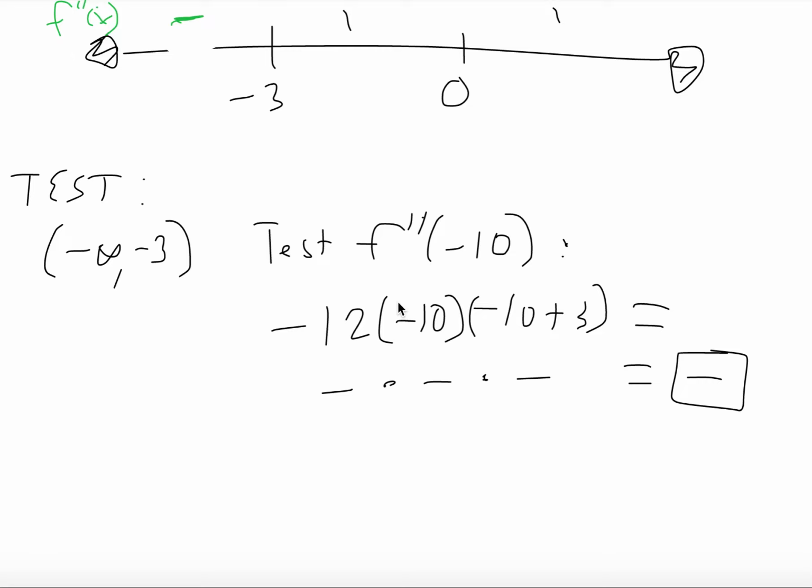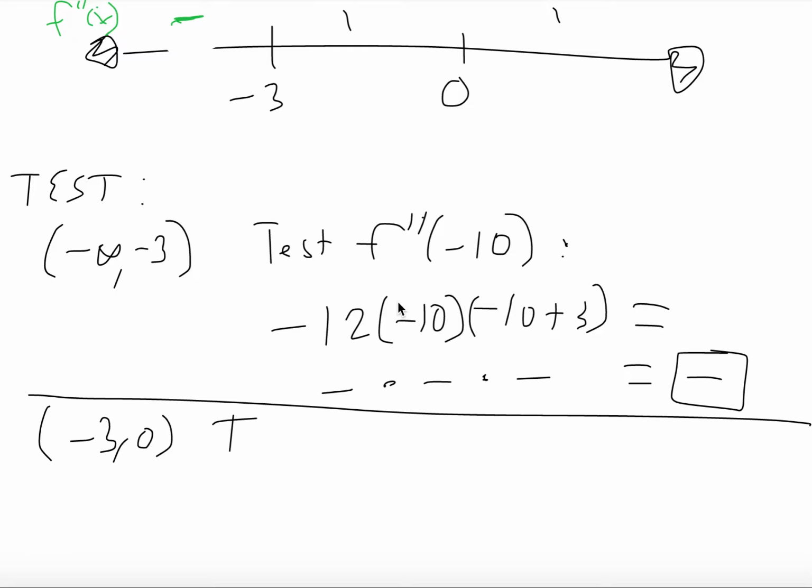I do the same thing with the other test points. For the region negative 3 to 0, I can test whatever I want. So I'm going to test f double prime of negative 1. That's going to give me negative 12 times negative 1 times negative 1 plus 3.